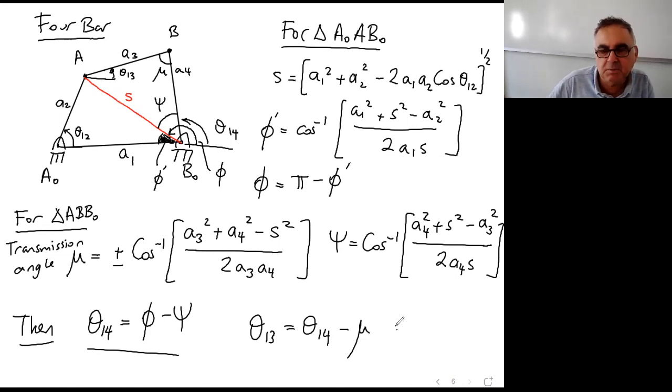Why is that? Because we have, let's say this is theta 1,3. This is theta 1,3. This is mu. And this is theta 1,4. Okay. So this angle, theta 1,4 has to be the, what will that be?